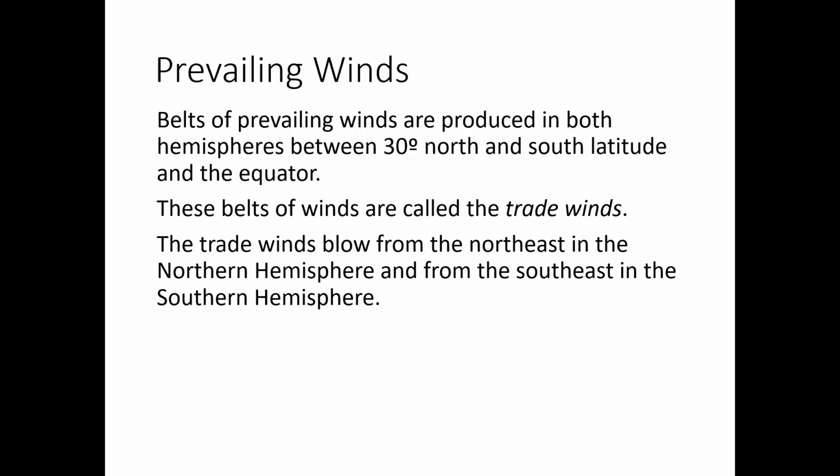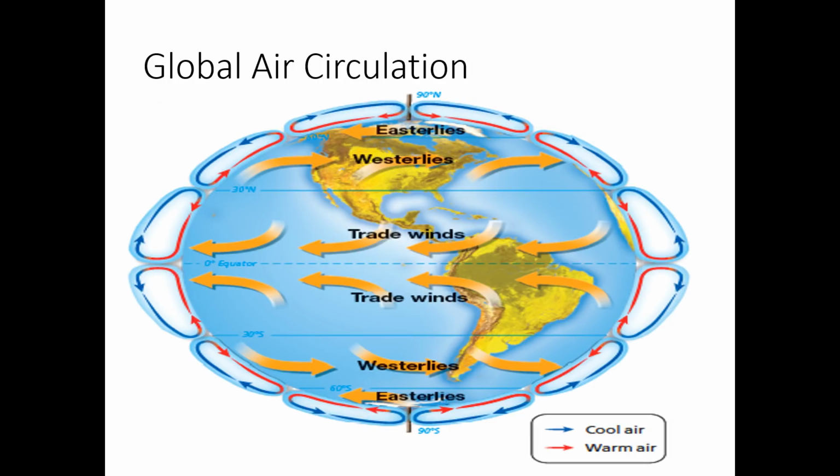Most of these belts of prevailing winds that are produced between 30 degrees north and south latitude and the equator are going to be called the trade winds. The trade winds are going to blow from the northeast in the northern hemisphere, and from the southeast in the southern hemisphere. And these are the trade winds right here.